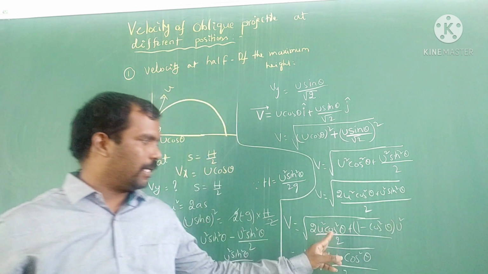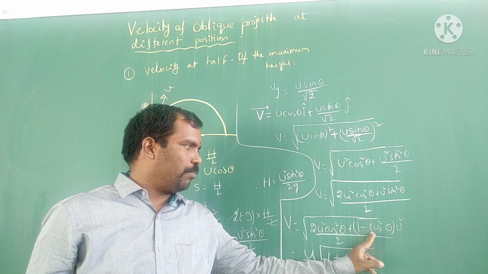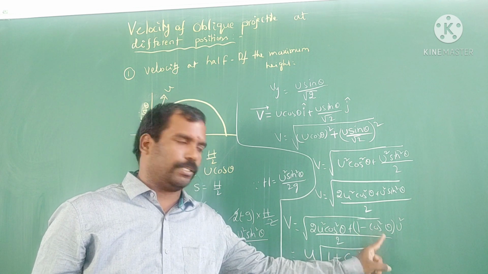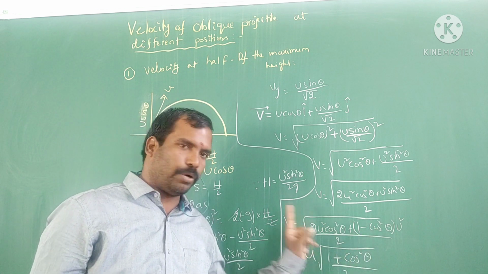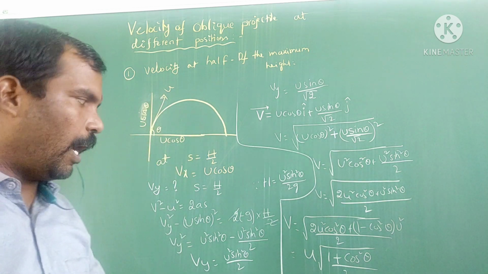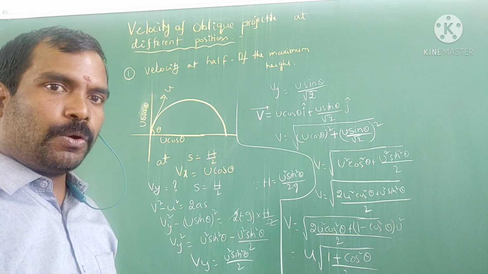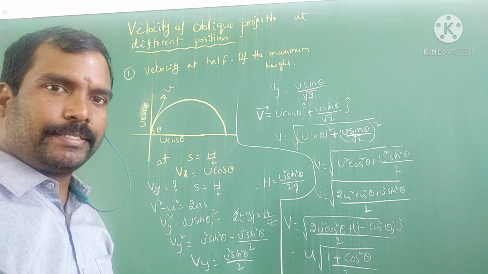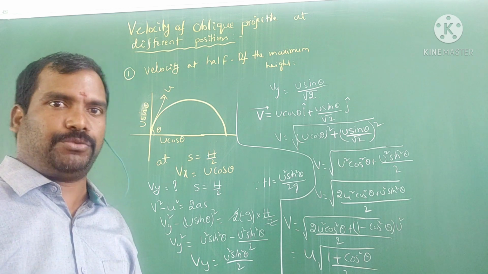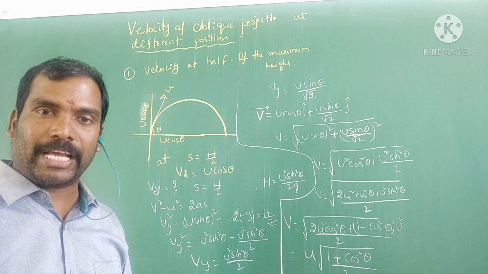What calculation did I do here? Taking u outside, the velocity magnitude at half of the maximum height is u into root over 1 plus cos square theta by 2. This is the velocity at half of the maximum height.